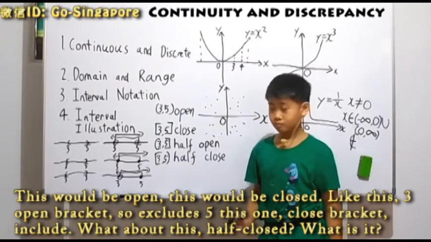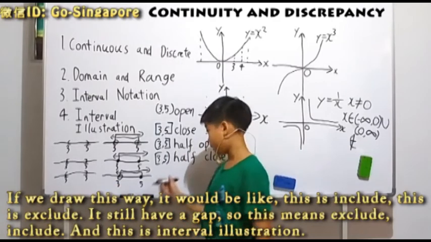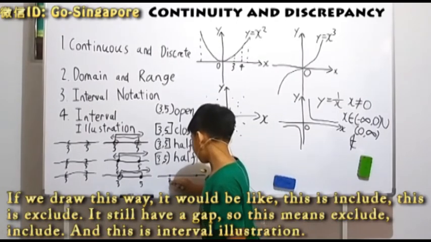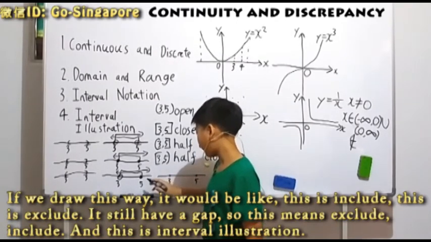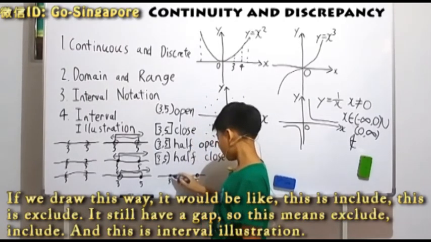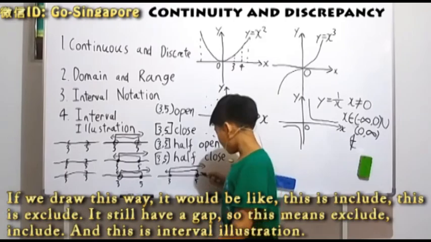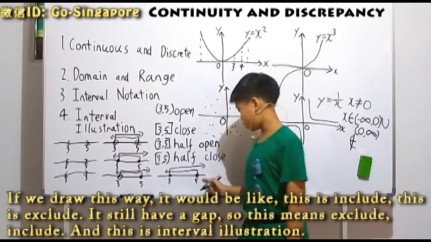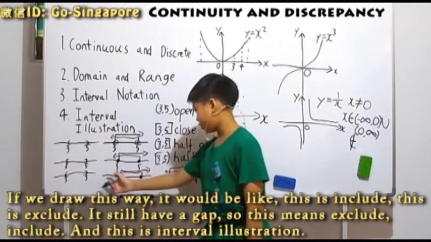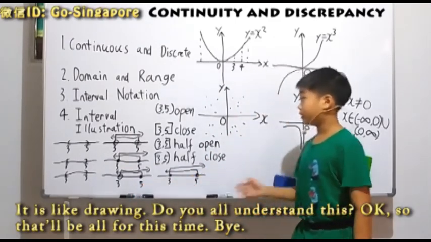Half closed. What is it? If we draw it this way, this is include, this is exclude. So this means exclude, include. And this is interval illustration. It's like a drawing. Do you all understand these?